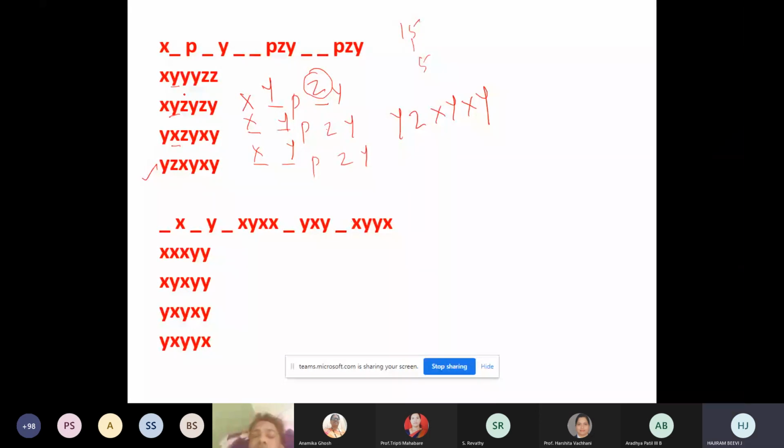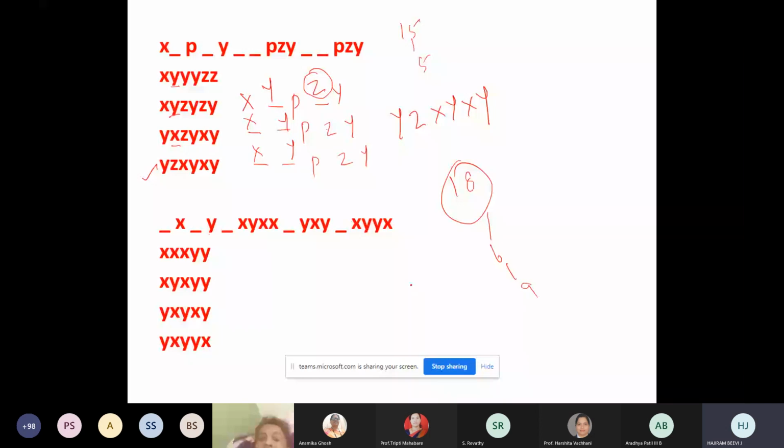Then the next one: hyphen X hyphen Y hyphen XY XX hyphen YXY hyphen XYYX. Just count the characters: 3, 6, 9, 10, 14, 18. So 18 means 6 possibility, then 9 possibility.